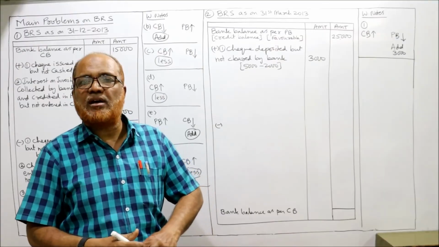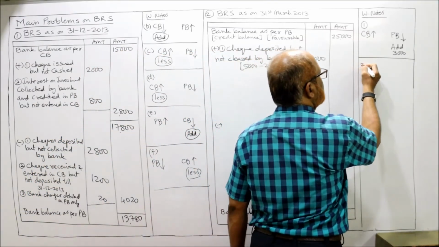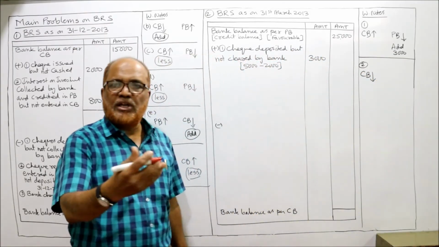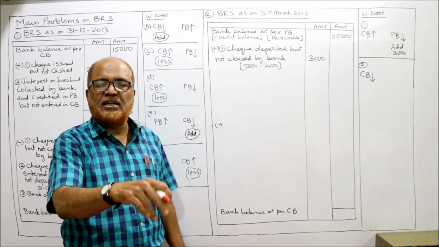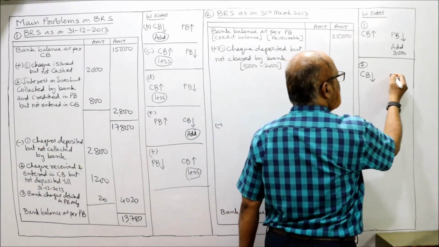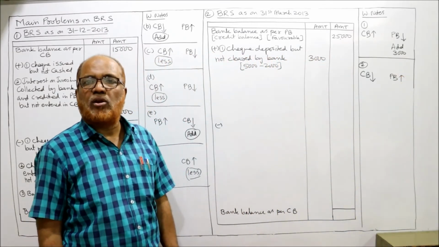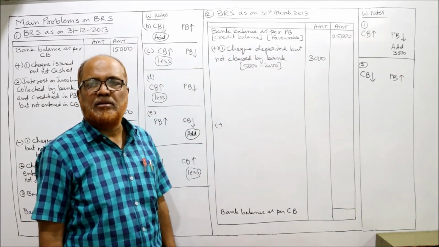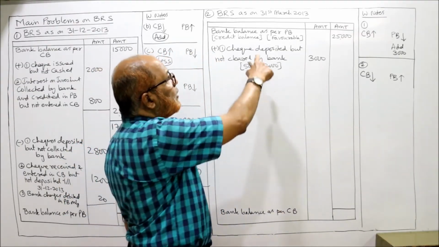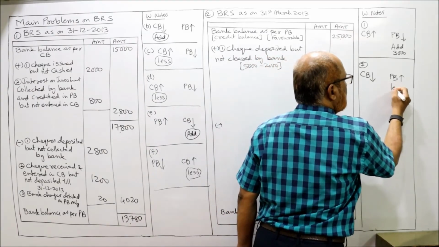When we issue the check, we record it first in the cash book, so cash book balance will decrease. But passbook balance still shows more balance because the checks were not presented for payment. Our starting point is passbook. It is showing more balance, so we have to deduct.